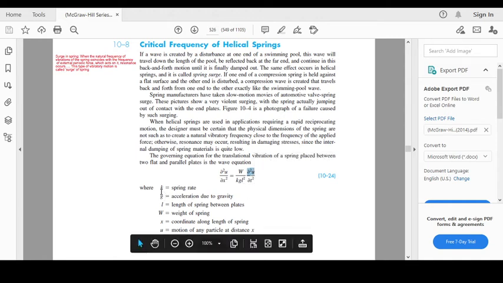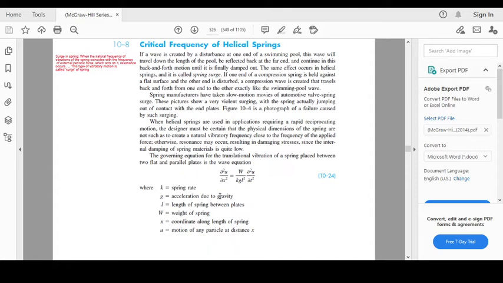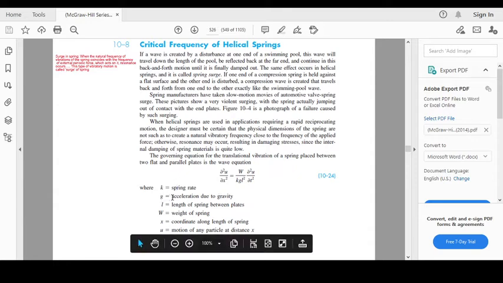K is the spring rate, which comes from the famous equation force equals Kx, spring displacement, F equals Kx. K is the spring rate, g is the acceleration of gravity, L is the length of the spring between the plates, W is the weight of the spring, x is the coordinate along the length of the spring, and u is the motion of any particle at distance x.